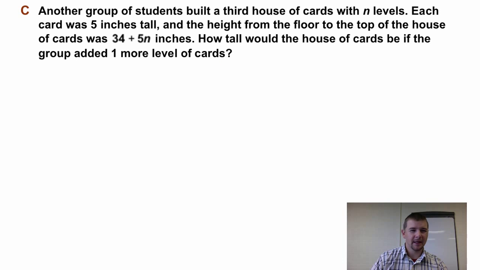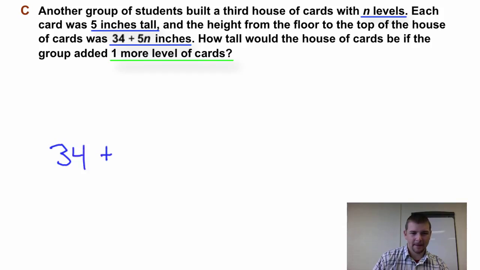Part C. Another group of students built a third house of cards with n levels. Each card was 5 inches tall, and the height from the floor to the top of the house of cards was 34 plus 5n inches. How tall would the house of cards be if the group added one more level of cards? Well, consider carefully 34 plus 5n and determine what each of these terms represents.